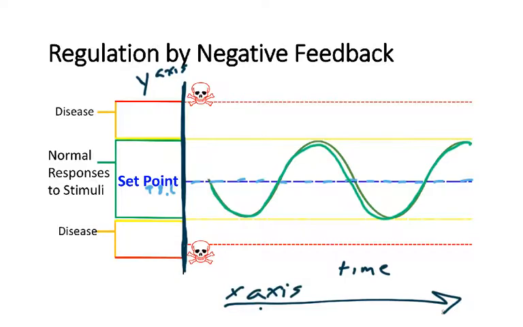So let's think about what happens if you get really hot. Let's see, yellow there. Not only does that feel pretty crappy, it's also your body's attempt, usually, to rid you of some sort of an infectious microbe.